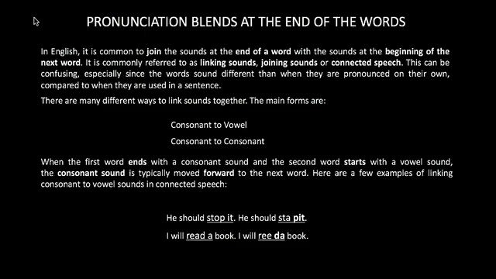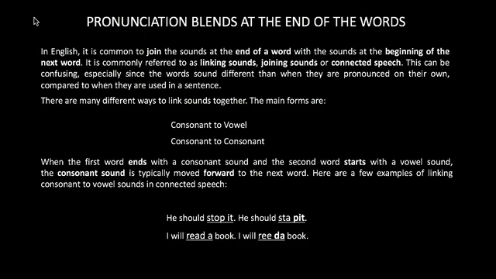How does this work? Well, in English, it's common that sometimes, or most of the time, you match the sound of one word to the next one, okay? This can be confusing, especially since the words sound different when they are pronounced on their own, compared to when they are used in a sentence.